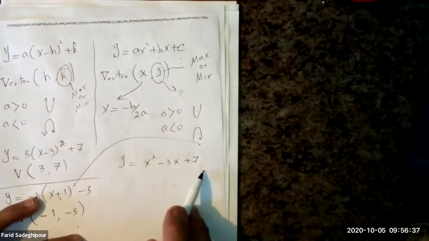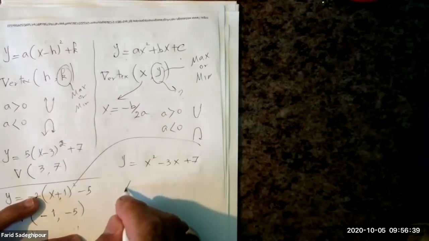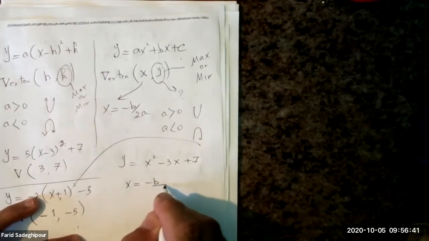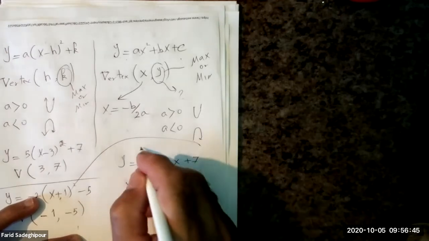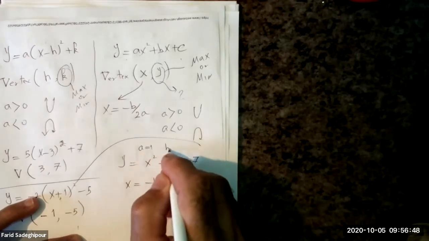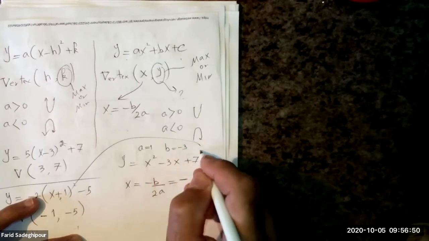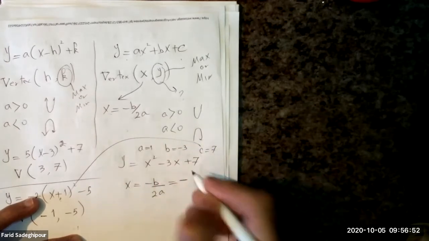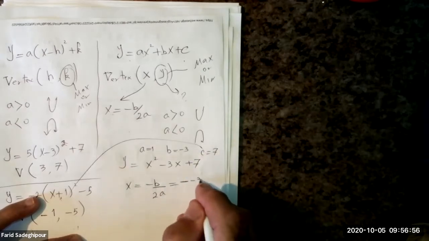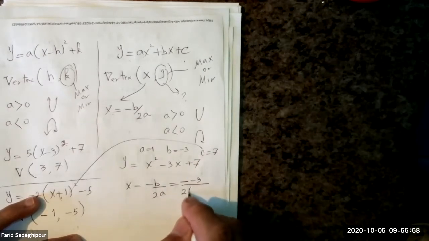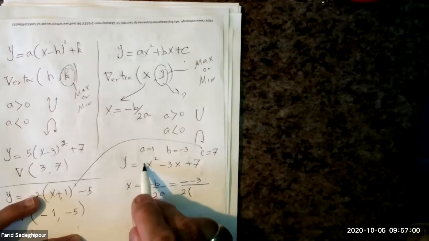In this example, you want to find the vertex. The x of the vertex is −b over 2a. Here, a is 1, b is −3, and c is 7, right? So −b, which is minus −3, over 2 times 1, there is no number here, it's 1.